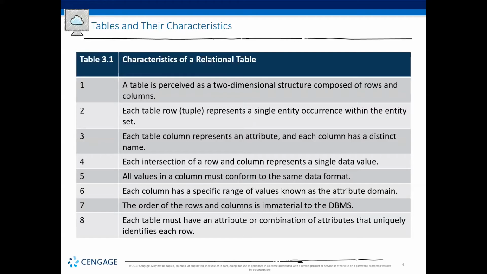Now, each table row or tuple represents a single entity. Each column represents an attribute, and each column has a distinct name. Each intersection of a row and column represents a single data value. All values in a column must conform to the same data format.